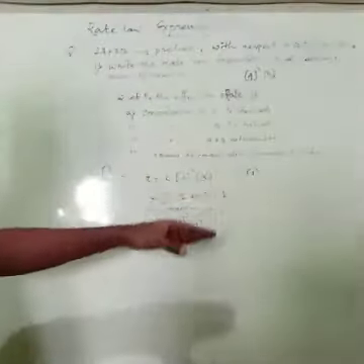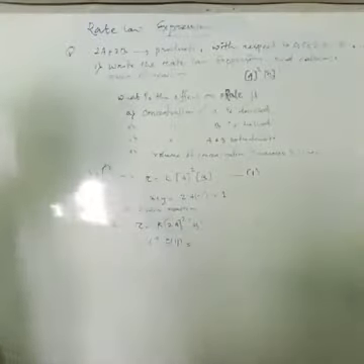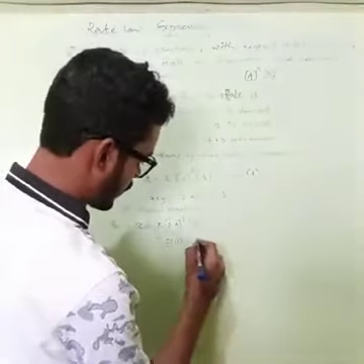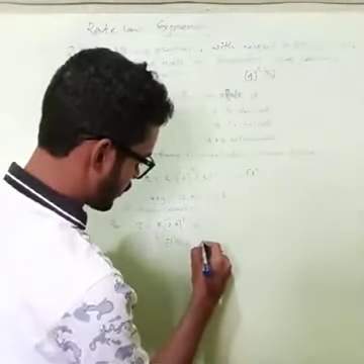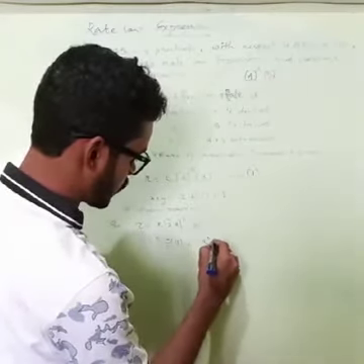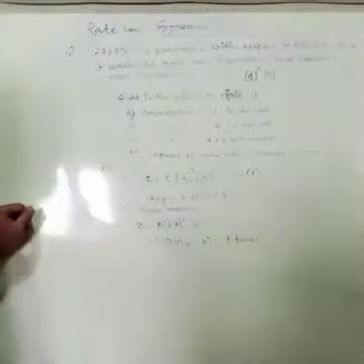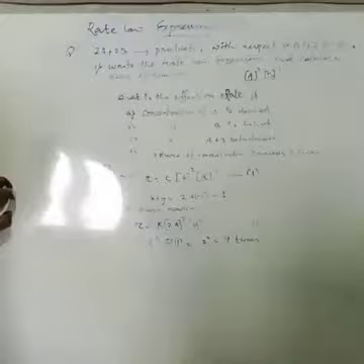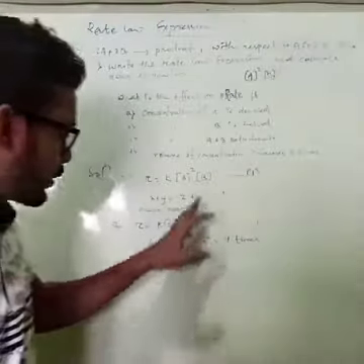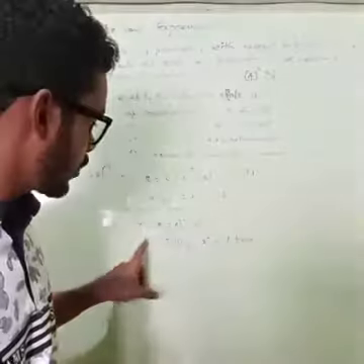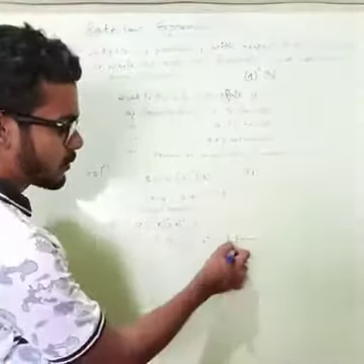Everything will cancel, and you will get 2 to the power 2, which is 4 times. That means if you double the concentration of A, the rate of reaction will be 4 times.